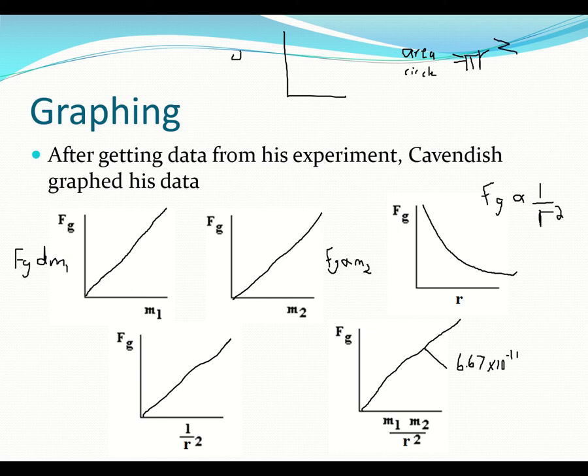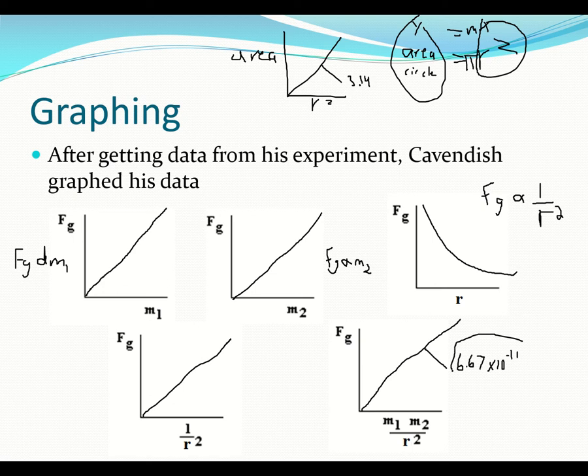If I did a graph of area of a circle versus r squared, no matter what areas and no matter what radiuses I used, I would always get 3.14 as my slope, because this is y, and my x is r squared. So my slope is equal to pi every single time. This number here is kind of like pi. It's a constant, it's a special number, and we need that as part of our formula.